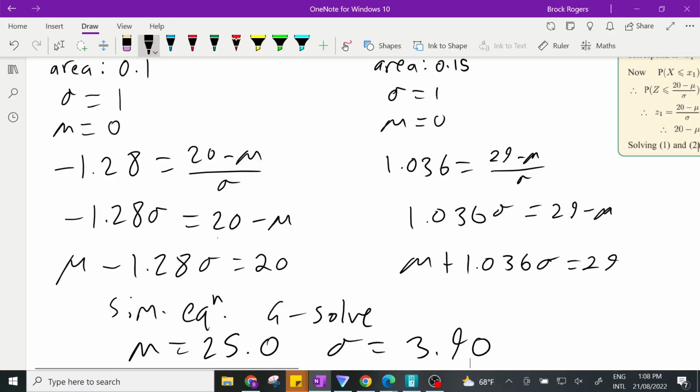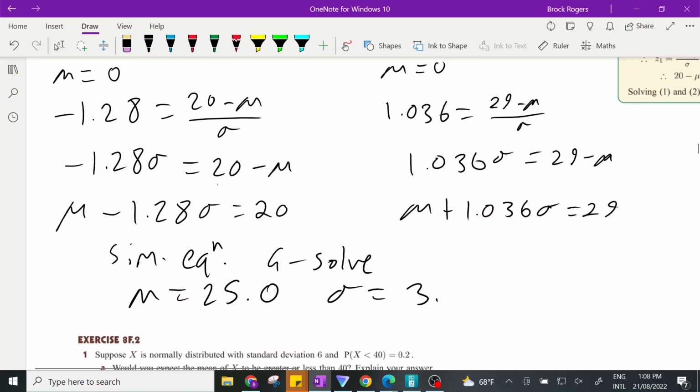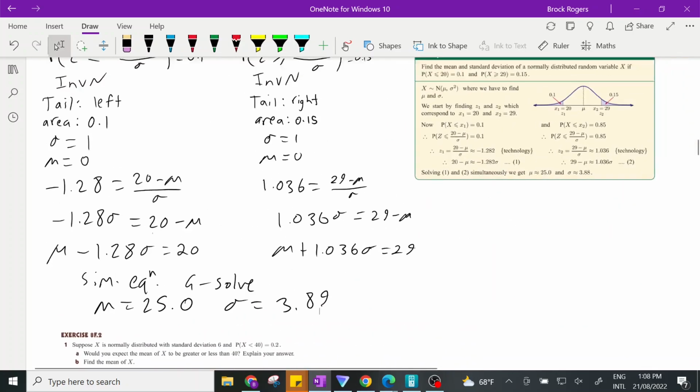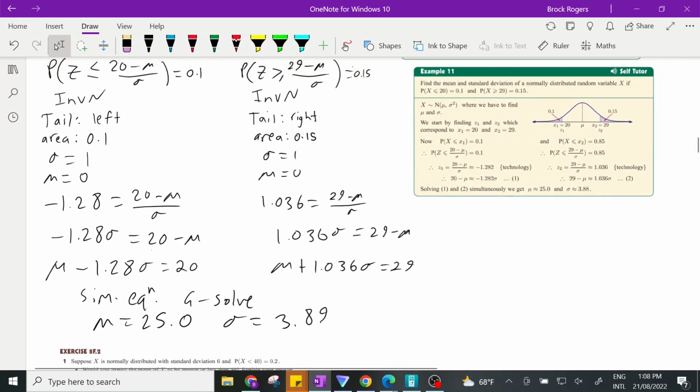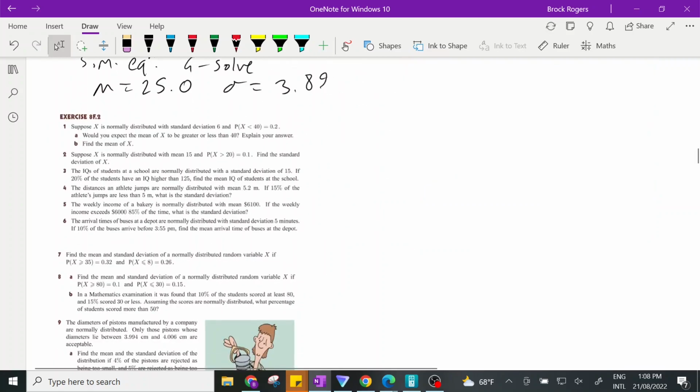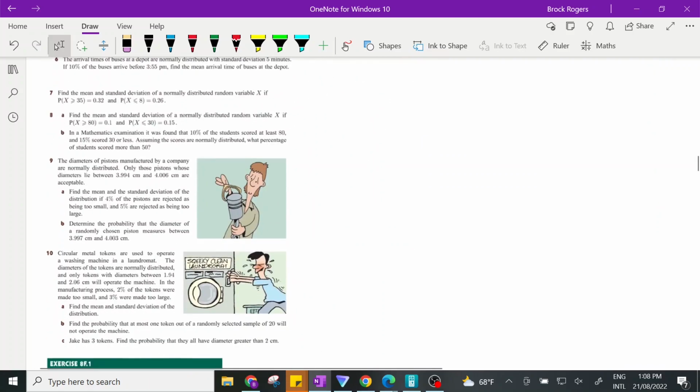Actually, I think it's 89 actually, if I rounded that properly. All right, and that's how you would solve that situation. So if you have multiple unknowns, red flag, you need to use simultaneous equations and try your best to rearrange it until it looks like this, and then you can put it straight in the calculator. All right, that should get you through most of it. Good luck.